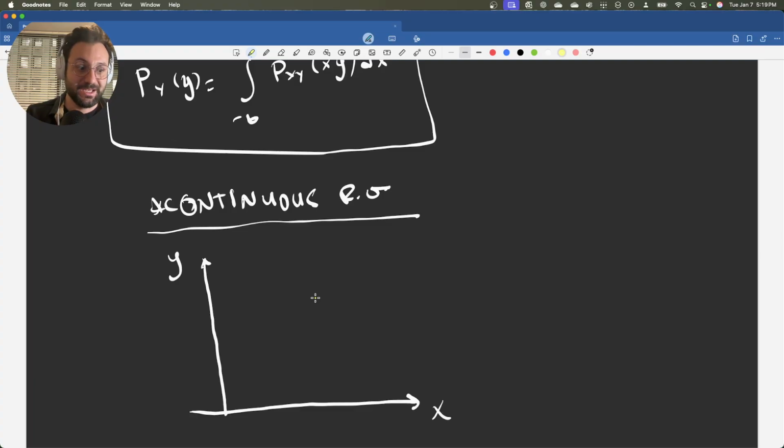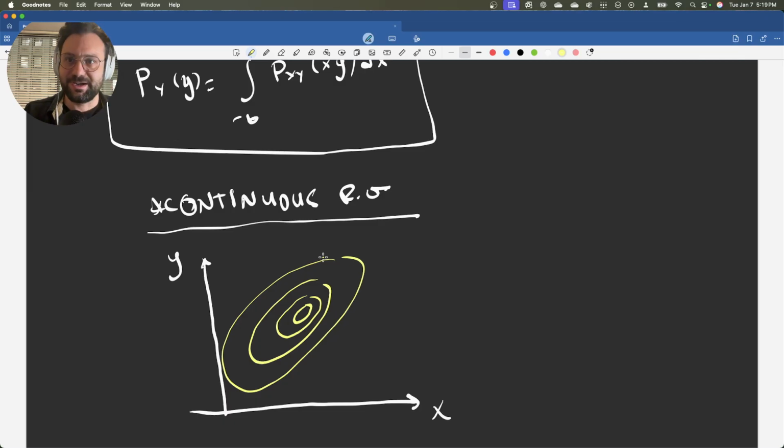There will be some high regions and low regions, like the mountain drawings we're accustomed to from geography. You see that at this point, the joint distribution of x and y is larger than everywhere else.